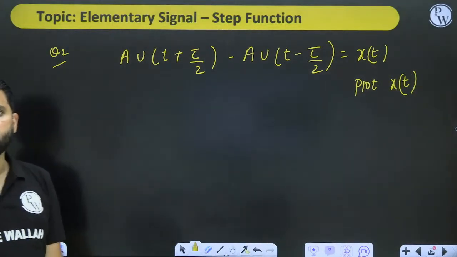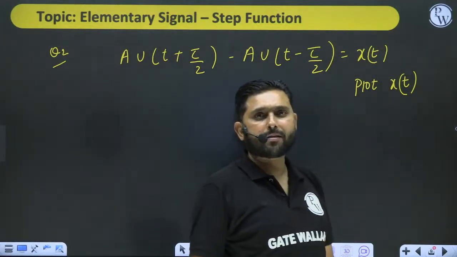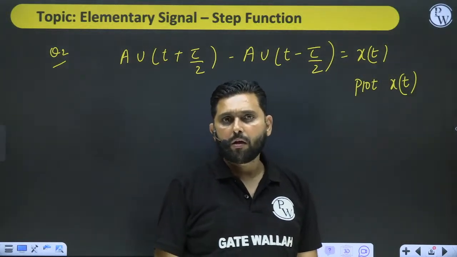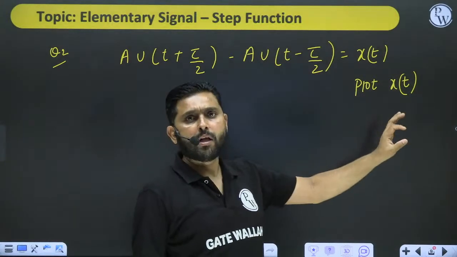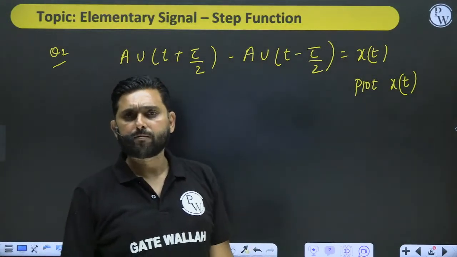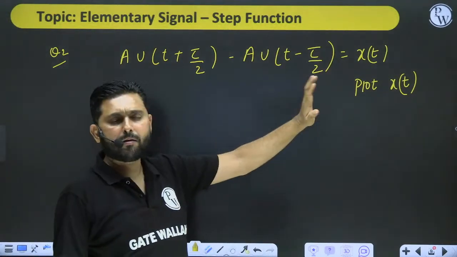Suppose, so AUT plus tau by 2 minus AUT minus tau by 2. So I want to plot xt. I want to plot this function.